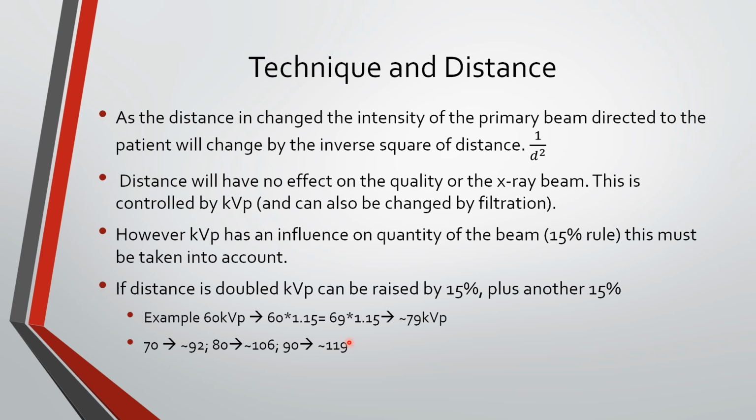Because if we're changing the distance, it could be extreme, and we run out of what our equipment is capable of, to go from 80 to 106 kVp. So this is why mAs is typically the preferred choice.